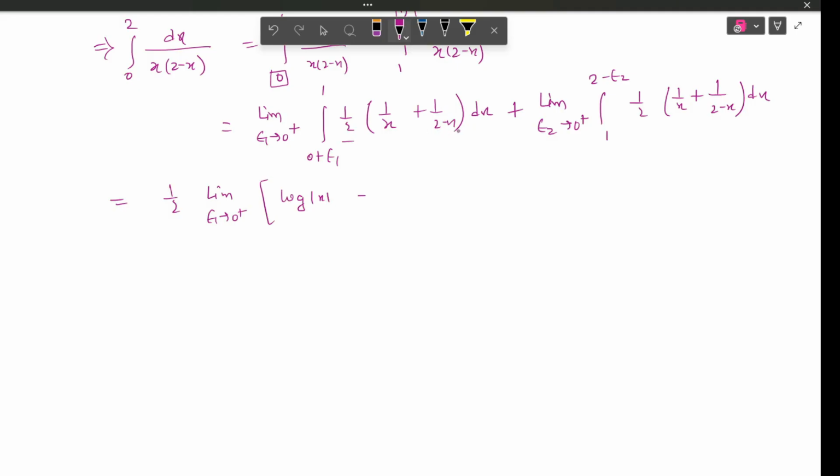See, if it is x minus 2, then it would be log of x minus 2, but if it is 2 minus x, then it will be log of 2 minus x. But here before that we have minus 1, so you have to divide it by minus 1. Okay, so this plus will be minus.